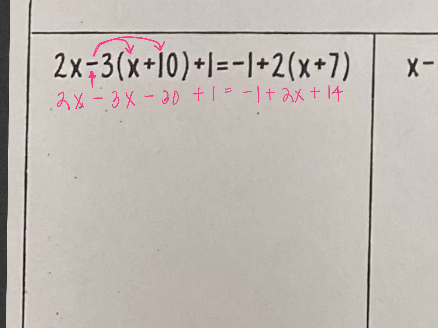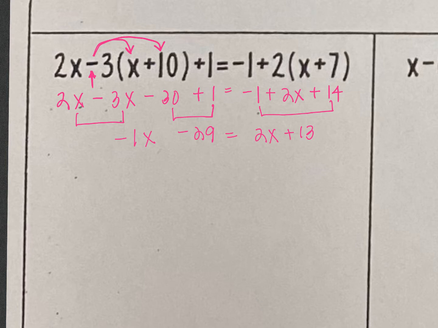So next we will look for any like terms that we can combine. -30 and 1 would be -29. 2x minus 3x would be -x or -1x. And on the right hand side we just have one x term, so 2x, and then -1 and 14 would be 13.